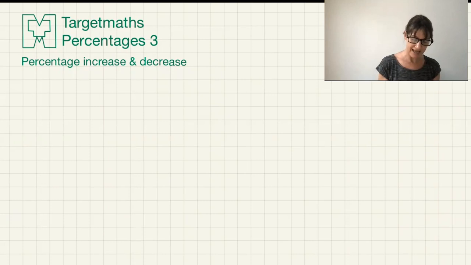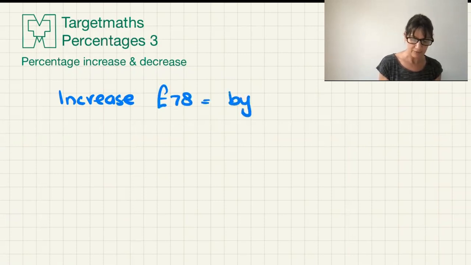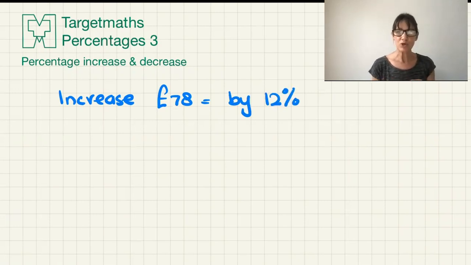So let's look at a question. Let's increase £78 by 12%. Now, any increase or decrease question uses a formula. So we want to see a question like this and link it to this formula, okay?